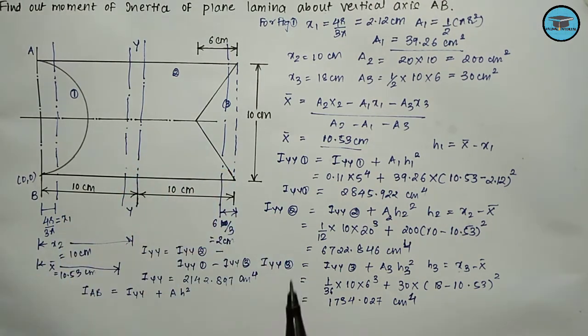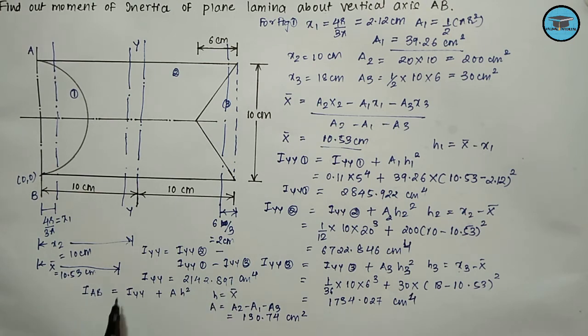So here h will be nothing but x bar only, and the area can be given as A2 minus A1 minus A3, okay, and that can be obtained as 130.74 centimeter square, and Iyy that we have obtained as 2142.897.